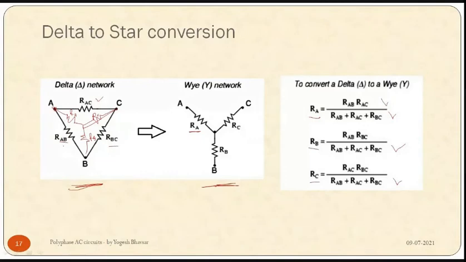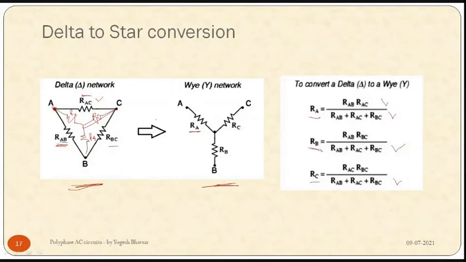So there is a multiplication of RAB and RAC when we are calculating RA. How to remember these formulas? When we want to calculate RA, RA is connecting to node A, and at node A of the delta network, RAB and RAC are connecting. So there is a multiplication of RAB and RAC divided by the addition of all the resistances. Hope you are getting it.